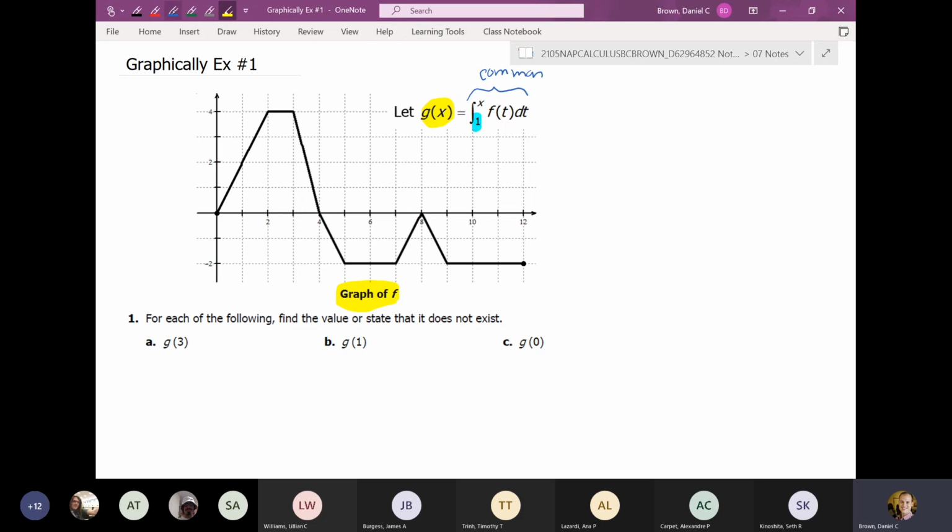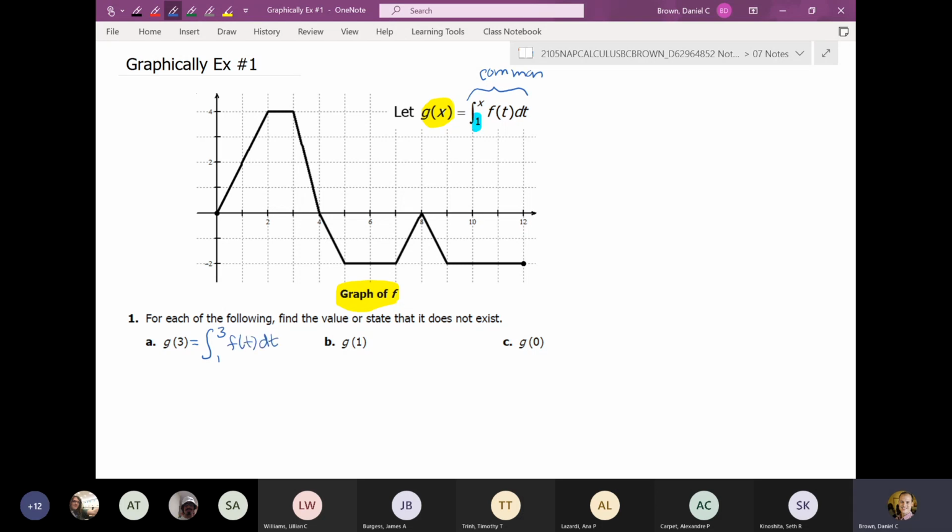This first one is pretty straightforward. It's very similar to that very first slide we did today for the second FTC. Just doing function notation, if I see g of 3, that tells us to plug in 3 for x. So g of 3 literally means the integral from 1 to 3 of this function f.